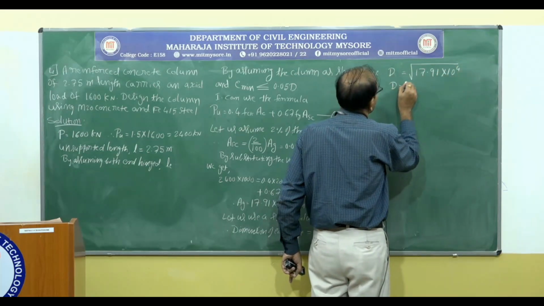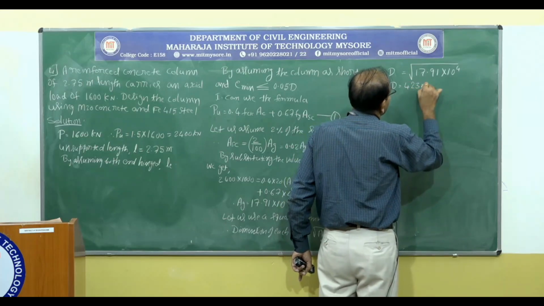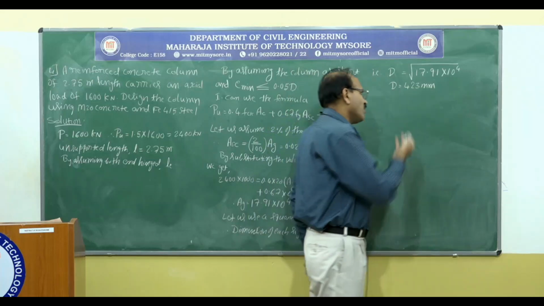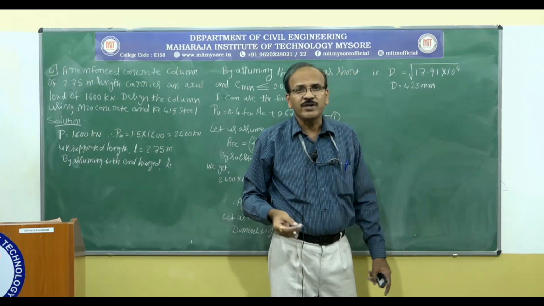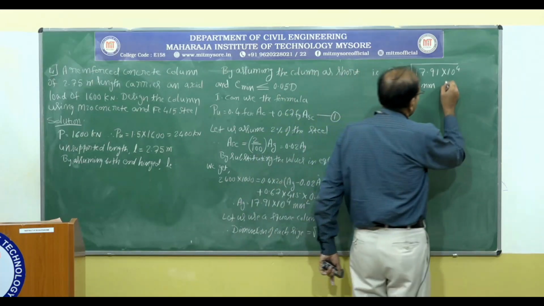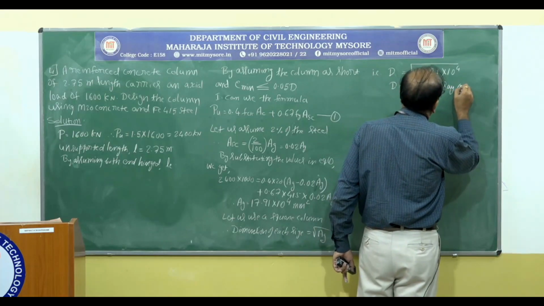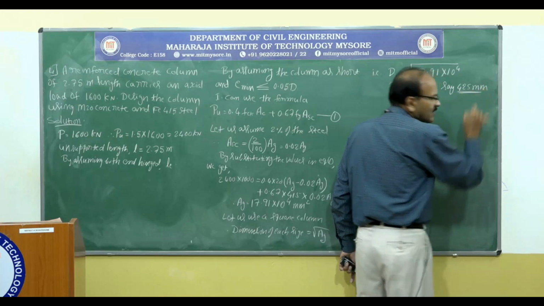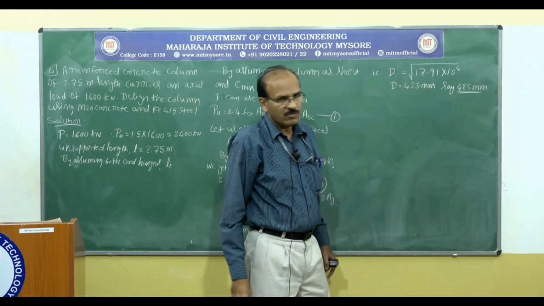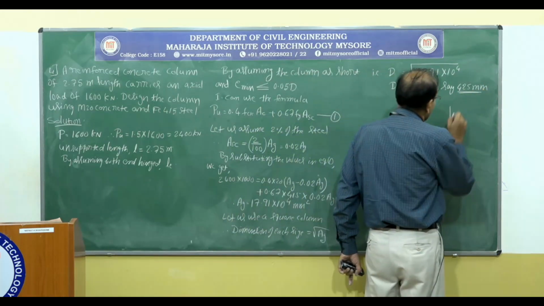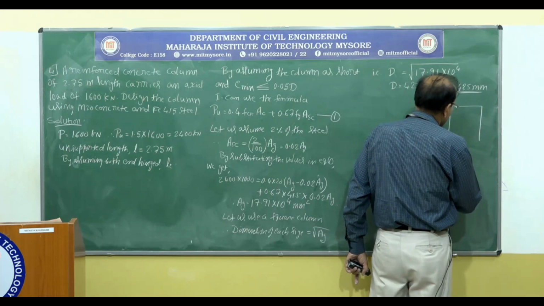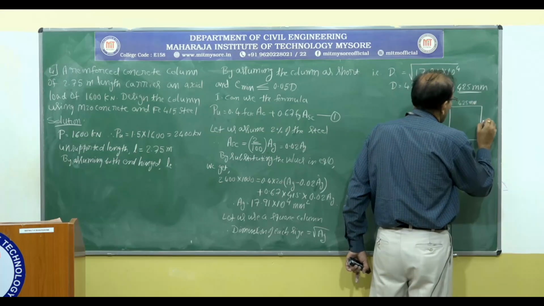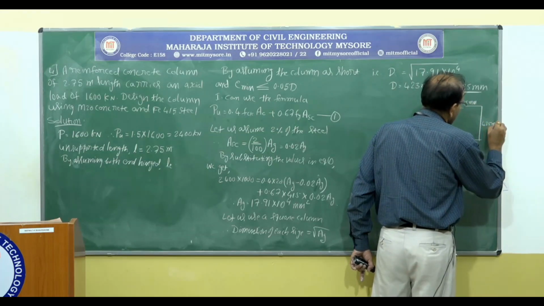That is D equal to 423 millimeter. Of course we are not going to provide 423. Instead we say 425 millimeter. That is the size of the column, a square column of dimension 425 millimeter by 425 millimeter.